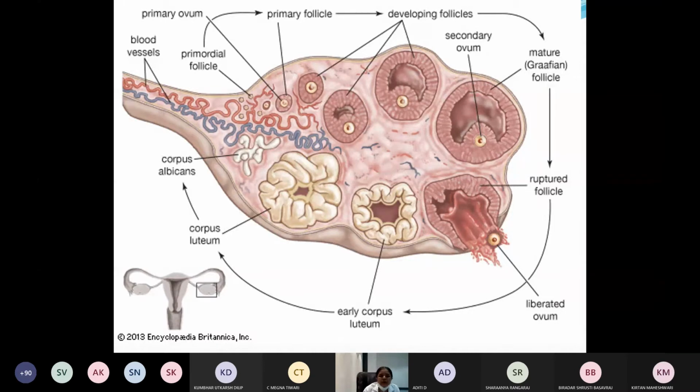I will tell what are the blood vessels, primordial follicle, primary follicle and developing follicle that will develop into a mature follicle, then the ruptured follicle, early corpus luteum, and corpus albicans.